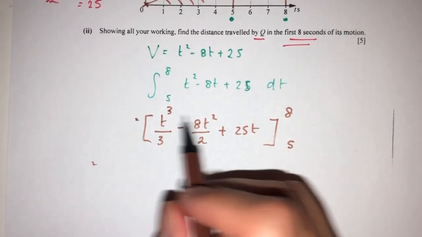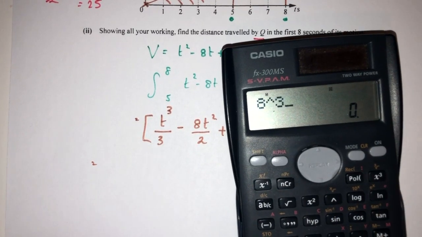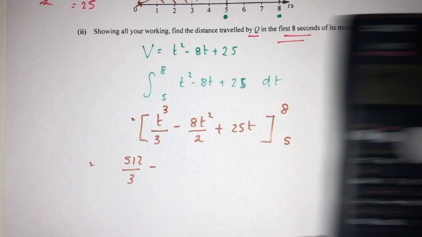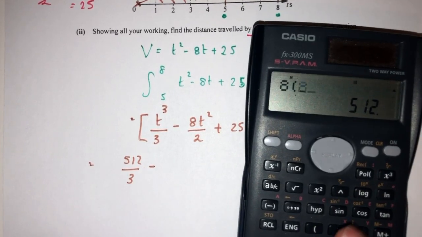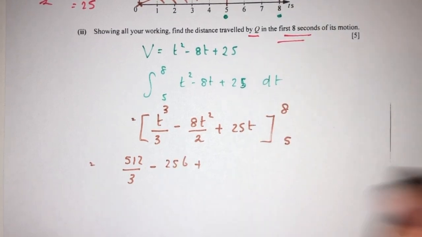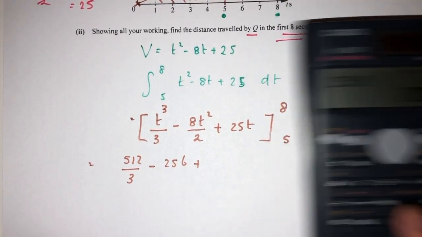Solve. 8 to the power 3 is what? 512 over 3 minus 8 times 8 squared divided by 2, that will be 256, plus 25 times 8, that will be 200.